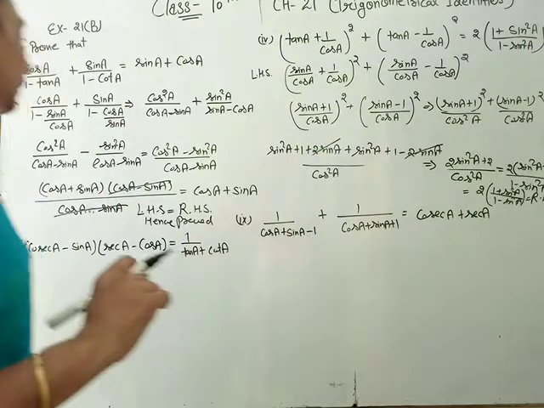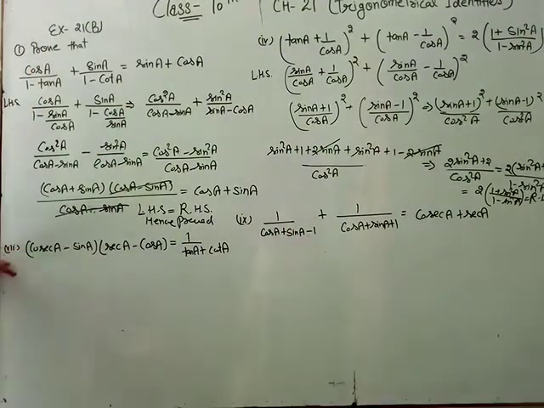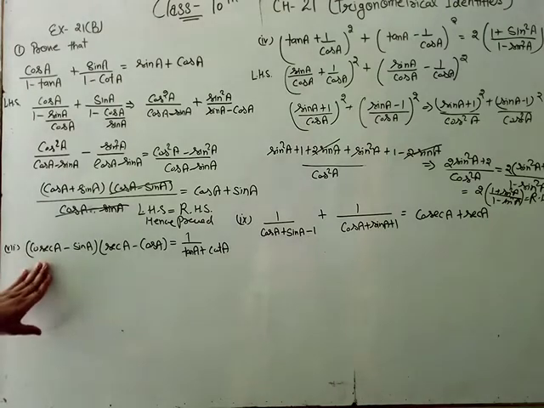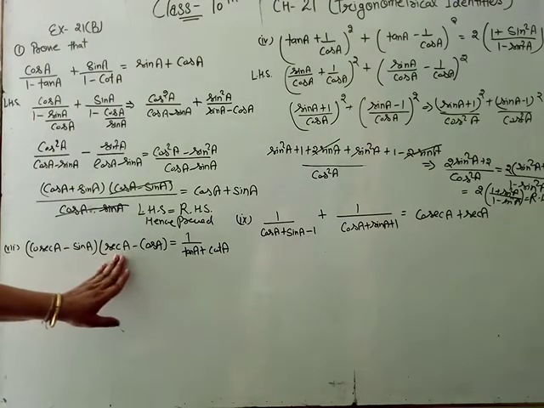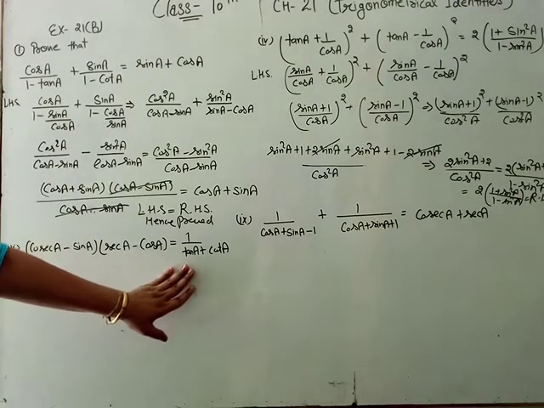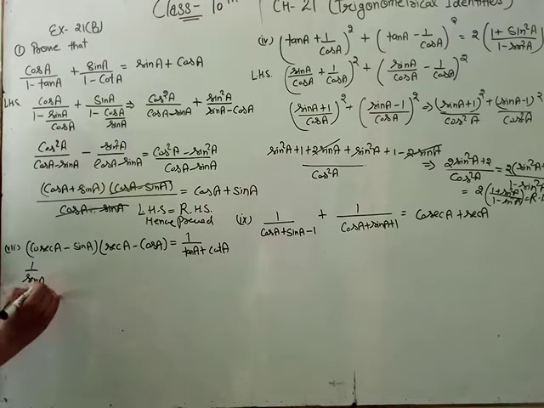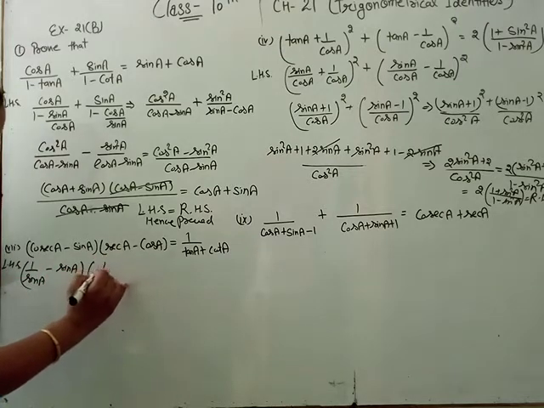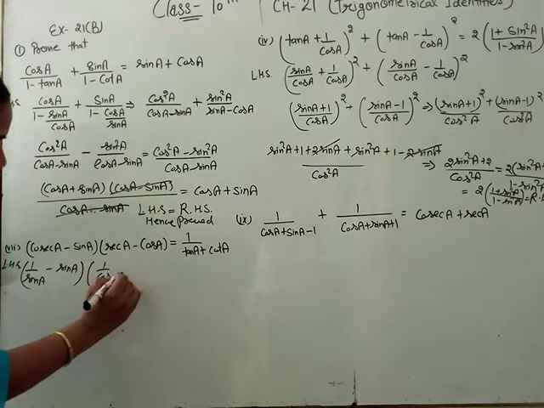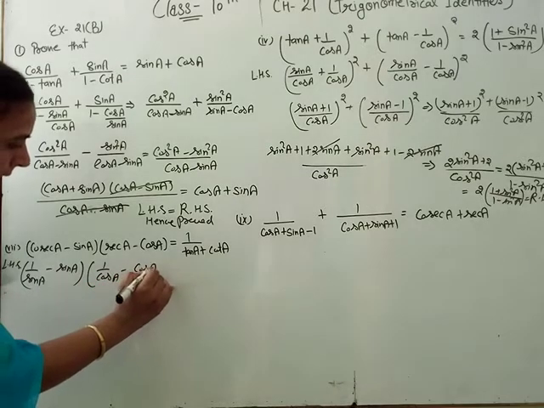Okay, then next, question number 1, part number 7: (cosec A minus sin A)(sec A minus cos A) equals 1 by (tan A plus cot A). So we take the left hand side. Cosec A is 1 by sin A, minus sin A as it is, and sec A is 1 by cos A, minus cos A as it is.